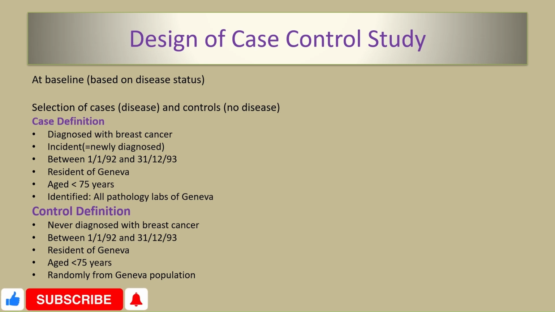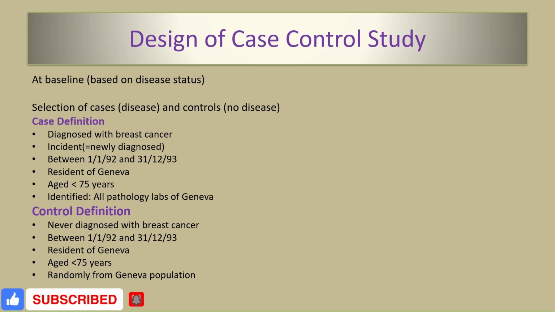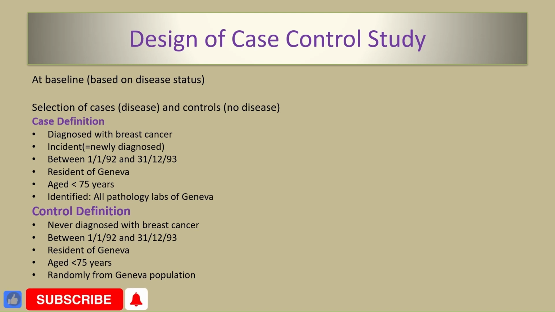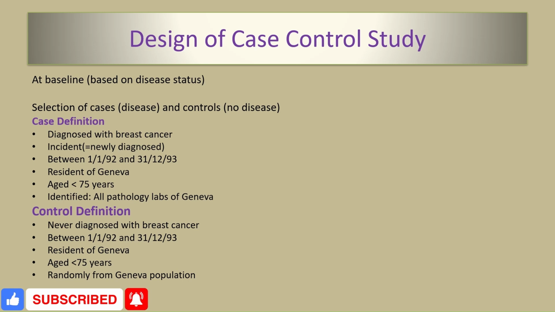Definition of case and control in case control study design. At baseline, selection of cases, or disease, and controls, non-disease.